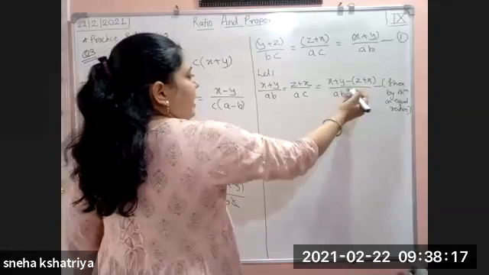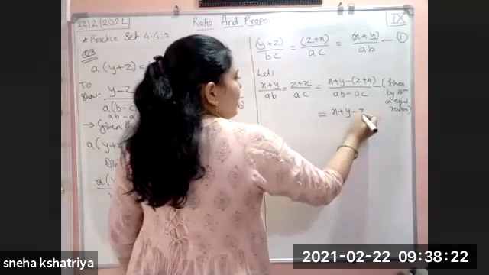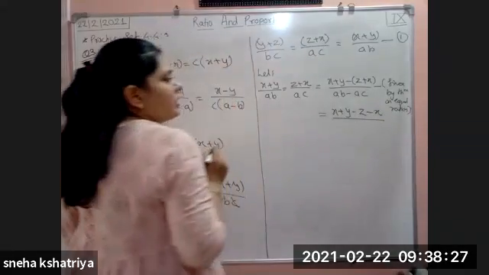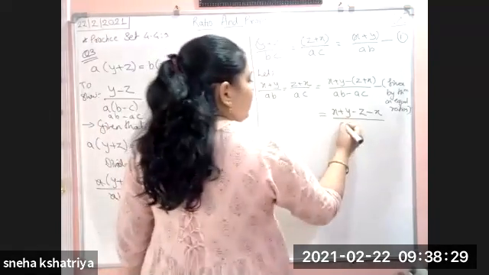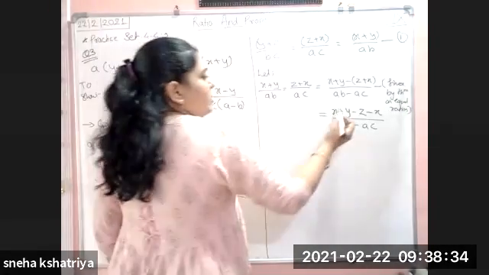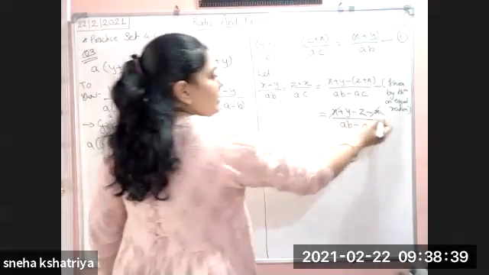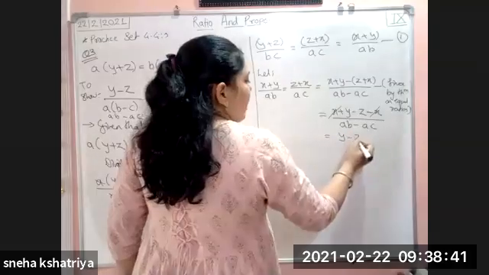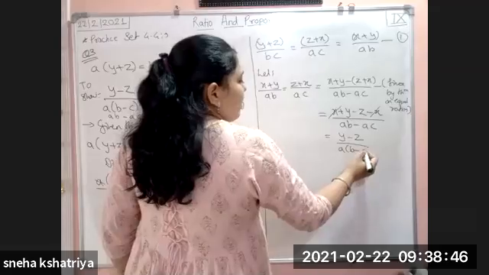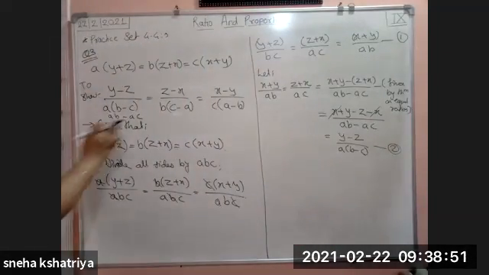First solve this bracket, multiply by the minus sign. What will we get? X plus y minus z minus x divided by, at the denominator, AB minus AC, keep it as it is. Next step, we will take A common. Because here, plus x and minus x get cancelled. What remains? Y minus z. At the denominator, take A common. What will we get? B minus C. Say it as equation number 2. We get the first term.